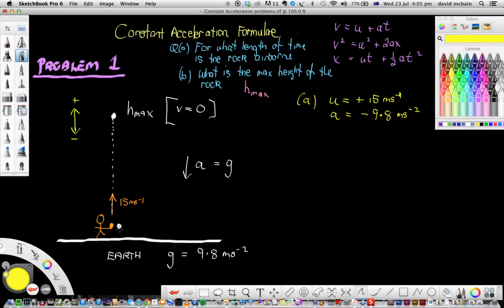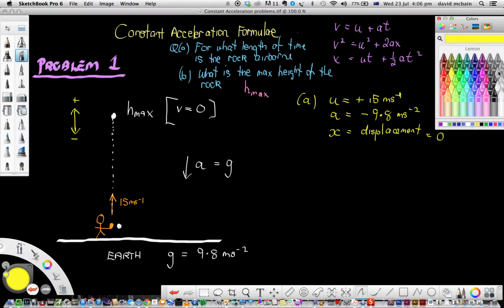It's exactly returned to where it started from. So we know that its displacement or change in position is 0. So x, which equals the displacement of the rock, equals, in this case, 0.